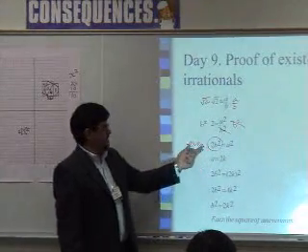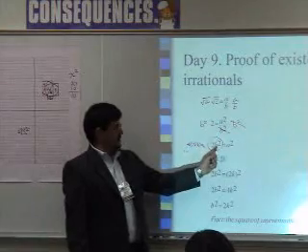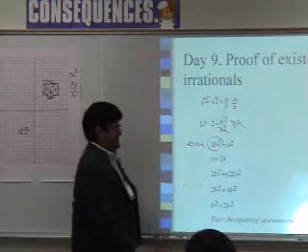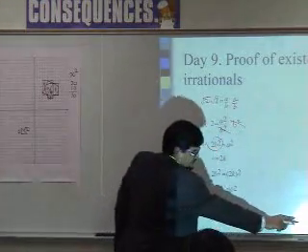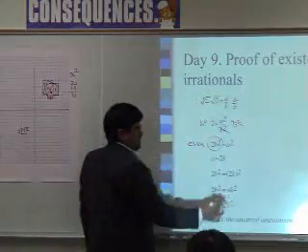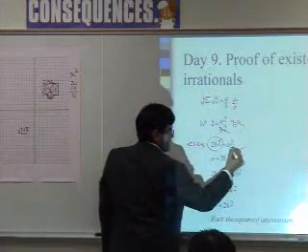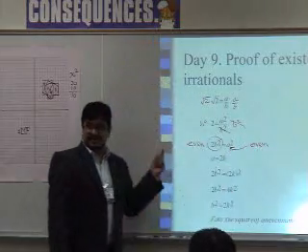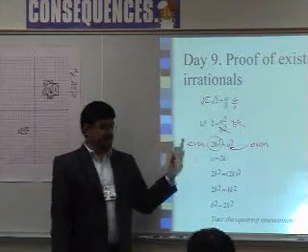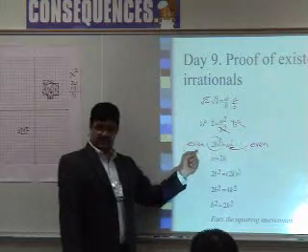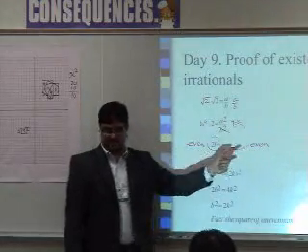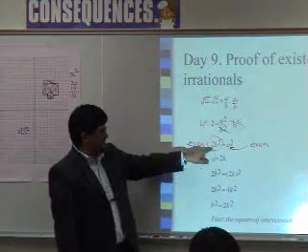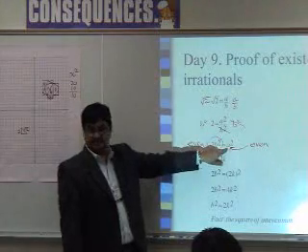And the square of an even number is an even number. It means that a must be even. It's one of those theorems that work both ways. If this is even, this is even. If this is even, that must be even. Okay? So, because this is even, a must be even.